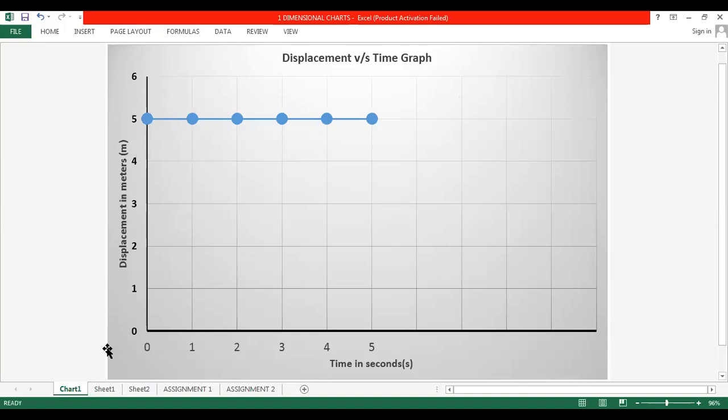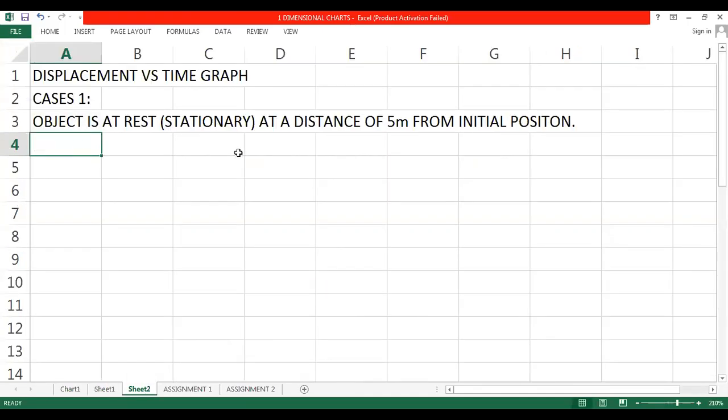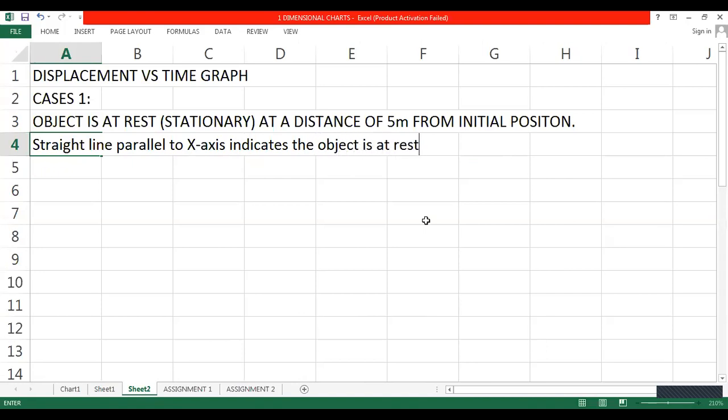Okay, now we will look at how we read this graph. So this is the table. Now how do we read it? We say that a straight line parallel to the x-axis indicates the object is at rest.